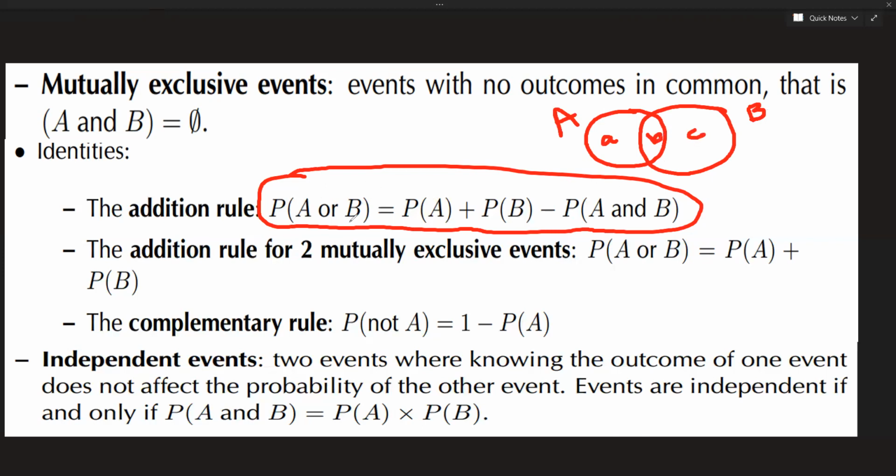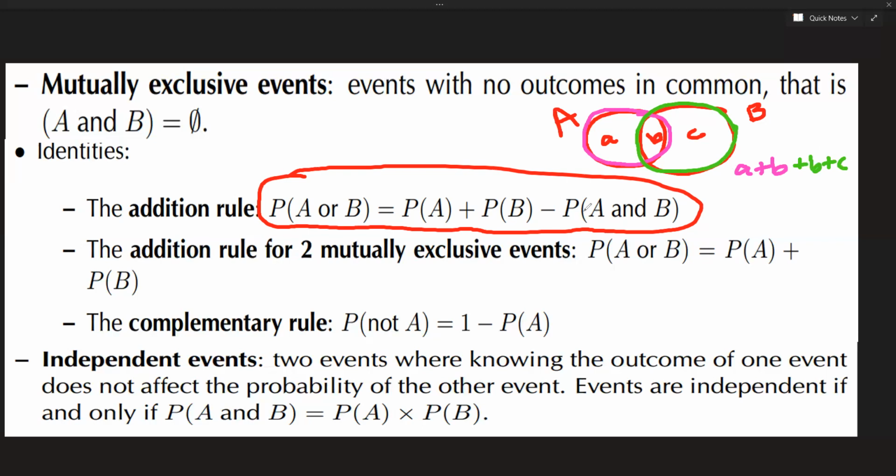So the probability of A or B is the probability of A, which is a plus b, plus the probability of B. The probability of B is b plus c. You see the circle of B is the green, b plus c.